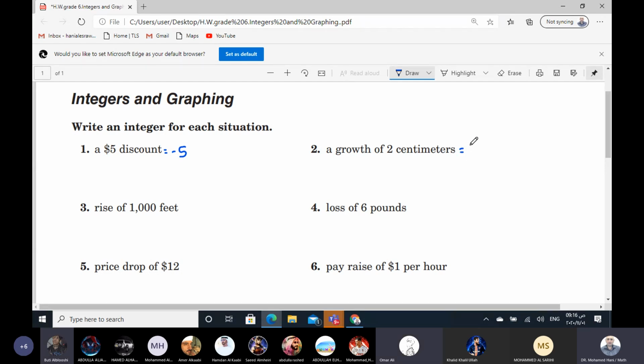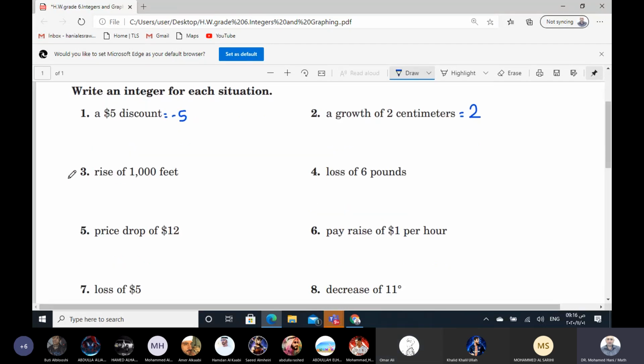Positive. Excellent. Number 3, rise of 1,000 feet. Rise means positive. Great.